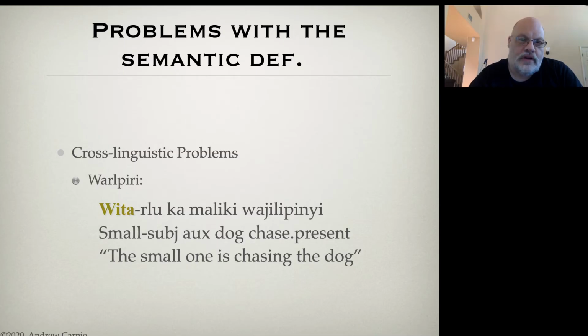The best English translation we can come up with is something like the small one, but there's no noun one in the Walbury. Instead, you're just taking that subject marker and sticking it straight onto the word for small. So here, again, the semantics breaks down. It still indicates the quality of being small, but it's functioning like a noun.